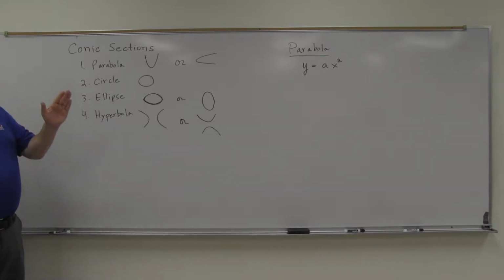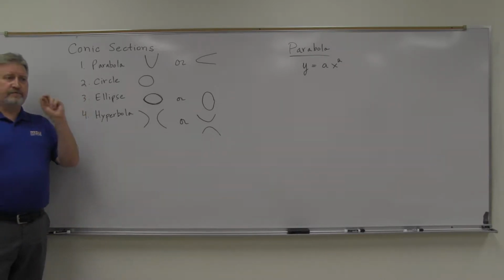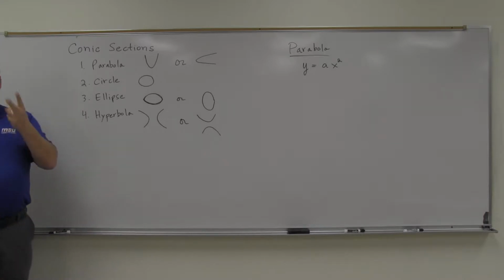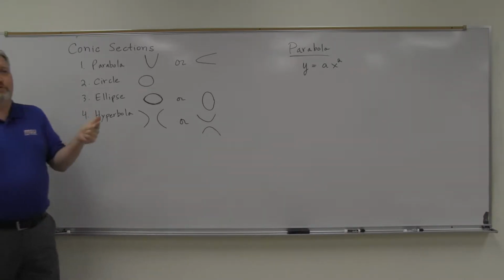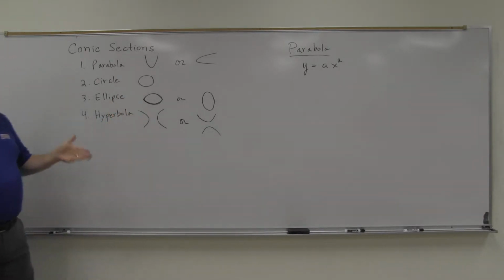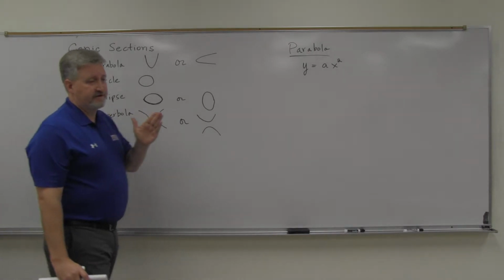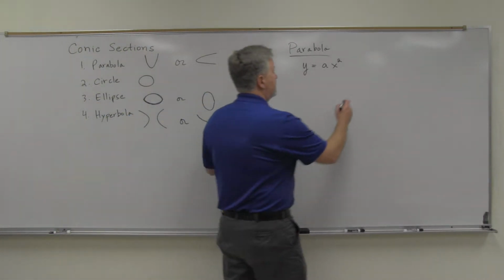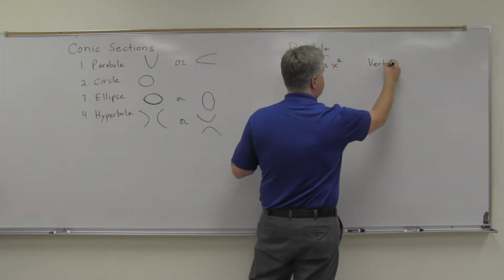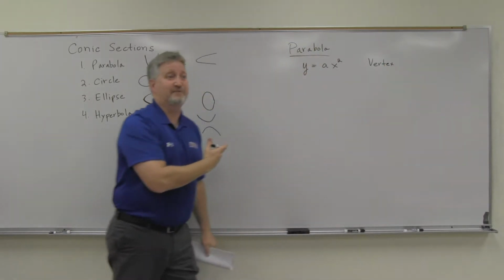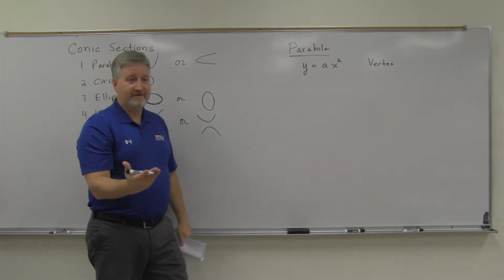So we've got a vertex. Most of these we'll talk about two things. We'll talk about vertices and foci, or focus points. Foci is just plural of focus. But anyway, we talked about the vertex a little bit. And since this one's not shifted, where's the vertex of this one? 0, 0. Yeah.